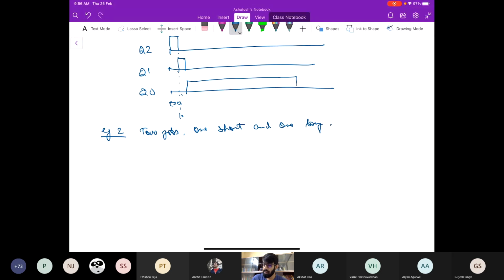In this case, we'll see how MLFQ tries to somehow approximate the behavior of SJF or STCF. So SJF and STCF, if you remember, are shortest job first and shortest time to completion first.